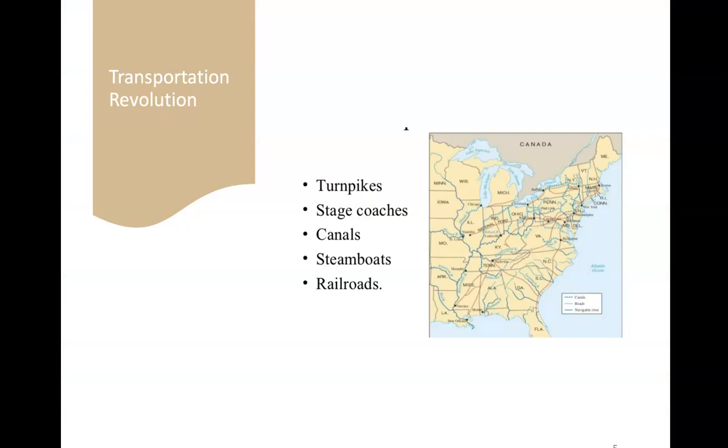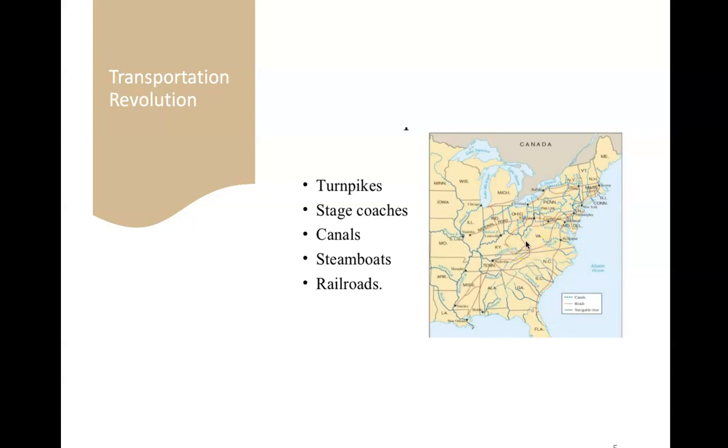I'm sorry, I fast forwarded here, but here you have an example of what's called the transportation revolution, where, before, let's say, the War of 1812, you didn't see all these arteries going throughout the east, going north to south, but definitely going east to west. You didn't see that, okay?